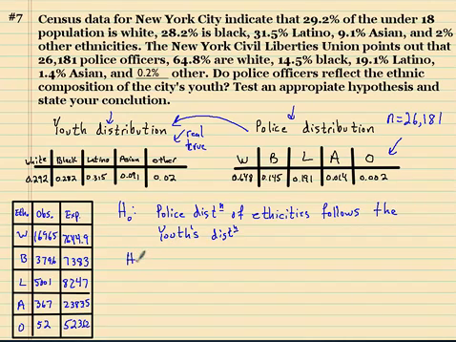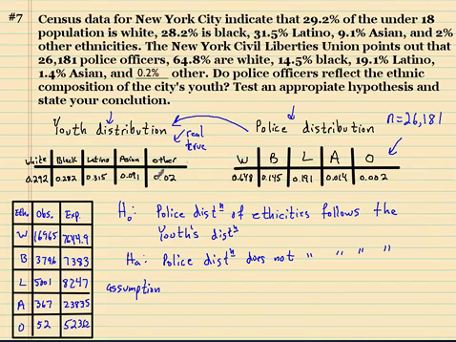Okay, and then the alternative would be that the police distribution does not follow the youth's distribution. Okay, let's go ahead and do our assumptions.